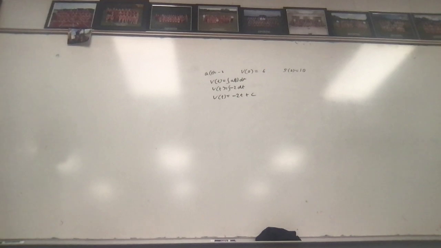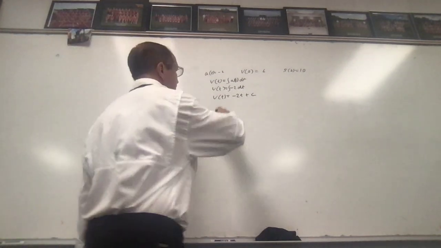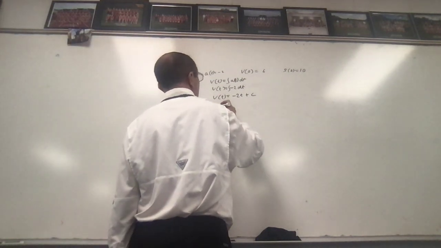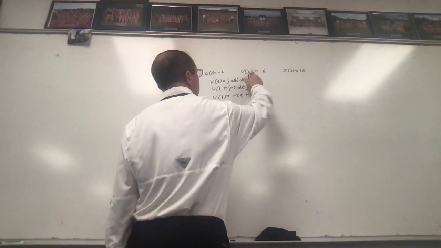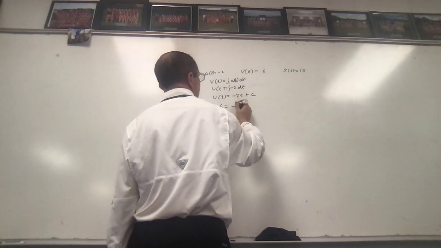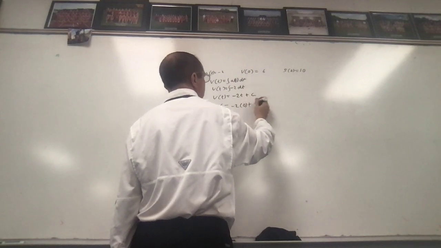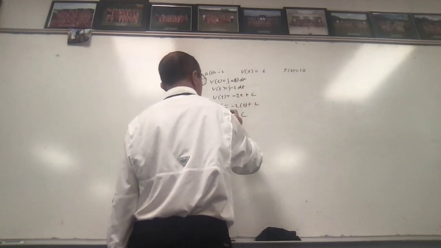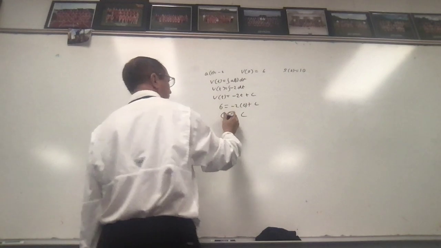Everybody okay with that? All right, well, let's continue to work from there. V of t is equal to this, so V of 0 is 6, so 6 equals -2 times 0 plus c, so c is equal to 6.